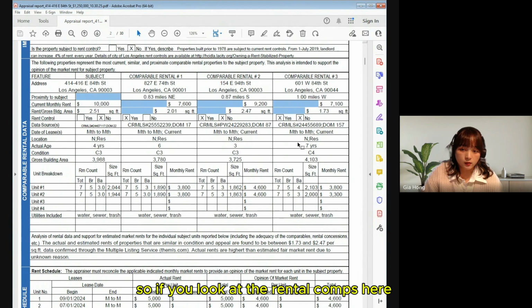So if you look at the rental comps here, rental comp 1 has monthly rent of 3,800 for each unit, rental comp 2 has 4,600 for each unit, and rental comp 3 has 3,800 and 3,300 for each unit. That's why when he averages out these 3 comps, he gets less than 5,000.